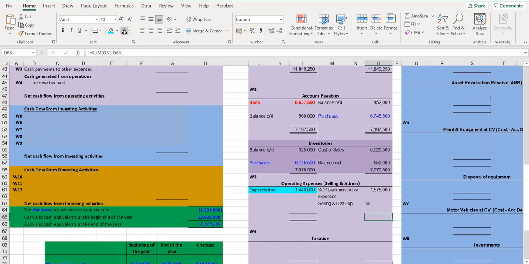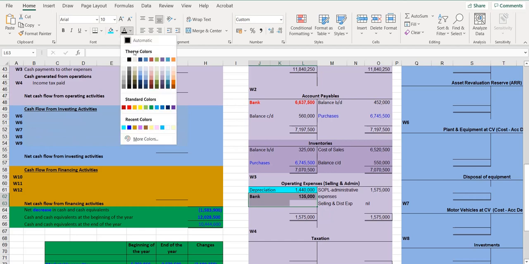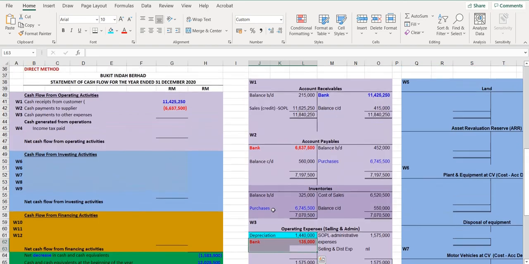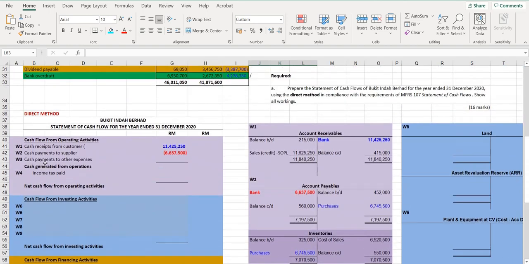There are no accrued or prepaid whatsoever, so you can total up the credit side and deduct the debit entries, and from there you'll be able to find the cash payments to other operating expenses, or cash payments to and on behalf of employees, and that would be 135. So you are done with that.